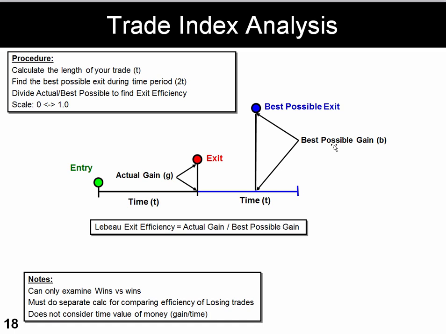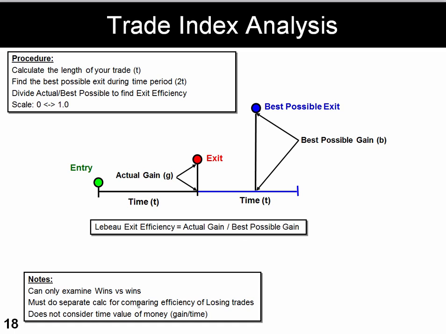The best possible gain is B, and my actual gain was G. So G divided by B, my actual divided by the best possible, is the efficiency index. Now notice you can only do this if you are examining wins, which is fine.